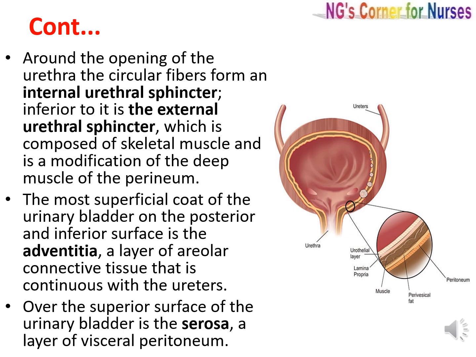The most superficial coat of the urinary bladder on the posterior and inferior surface is the adventitia, a layer of areolar connective tissue that is continuous with the ureters. And over the superior surface of the urinary bladder, there is a serosa, a layer of visceral peritoneum.